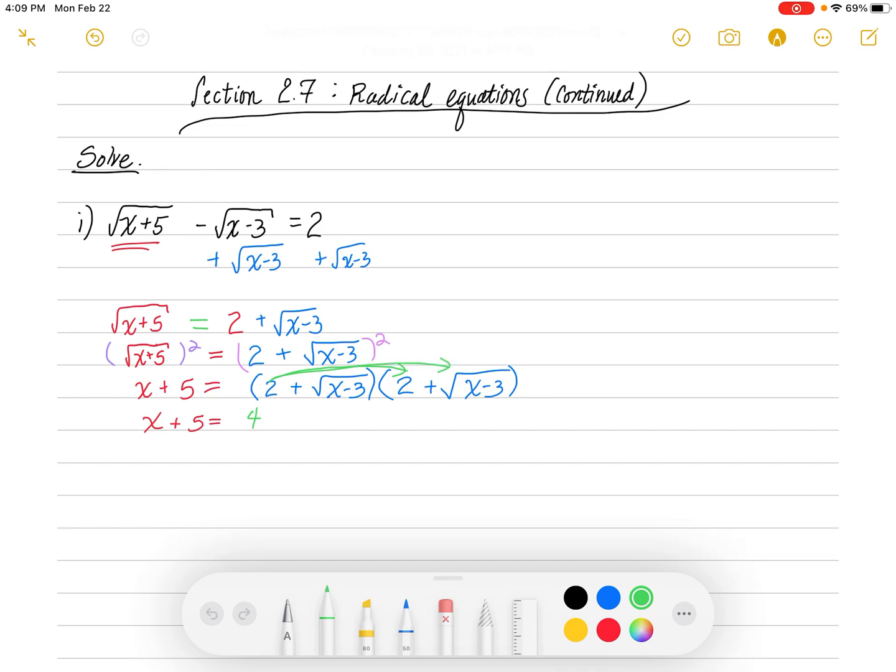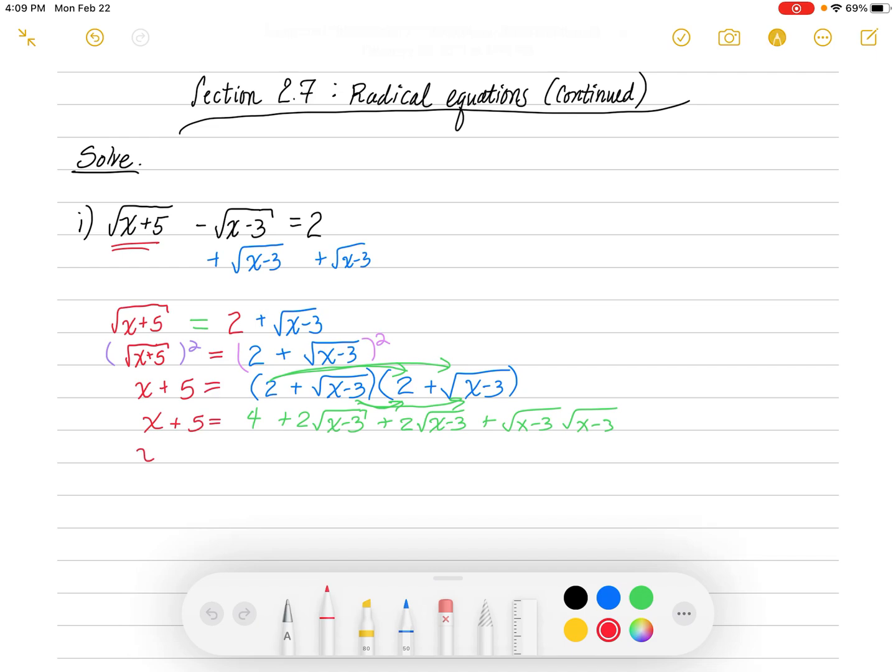The outer terms, 2 times radical x minus 3 is going to give me positive 2 radical x minus 3. Inner terms, radical x minus 3 times 2 is going to be positive 2 radical x minus 3. And the last terms, radical x minus 3 times radical x minus 3.